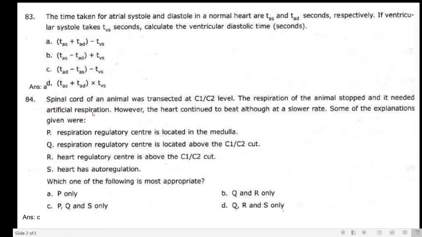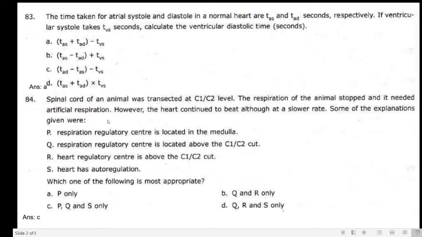If the spinal cord is damaged, any affection there causes a respiration problem, so the animal needs artificial respiration. However, the heart continues to beat, although at a slow rate.